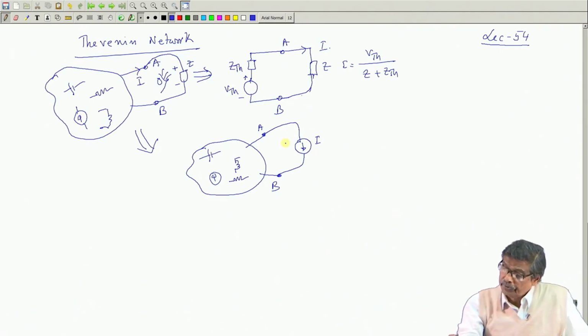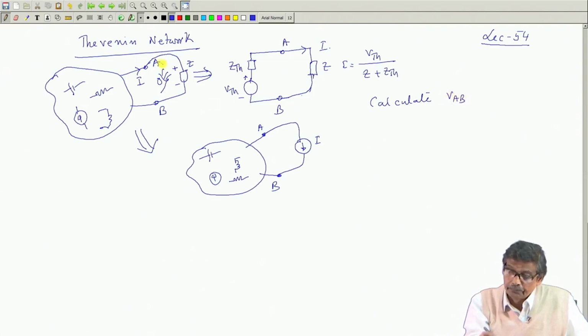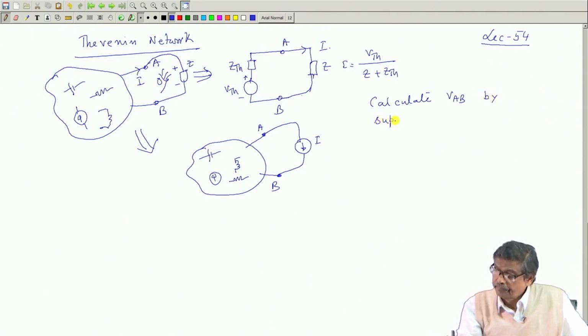Then what you do is calculate V AB, the voltage across this impedance, by the superposition theorem. That is the thing.